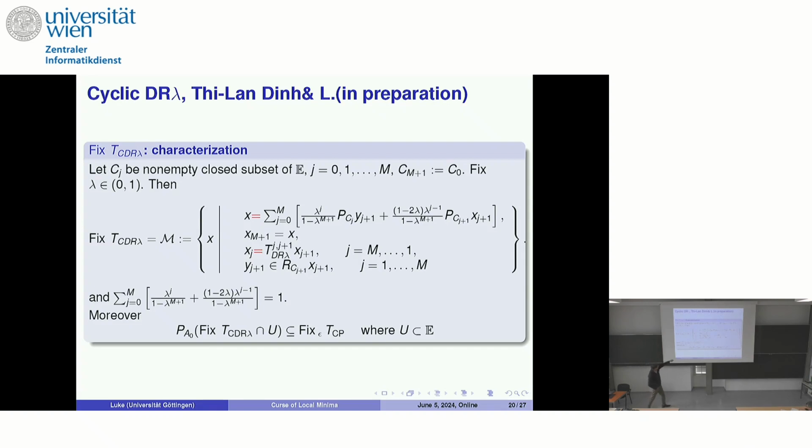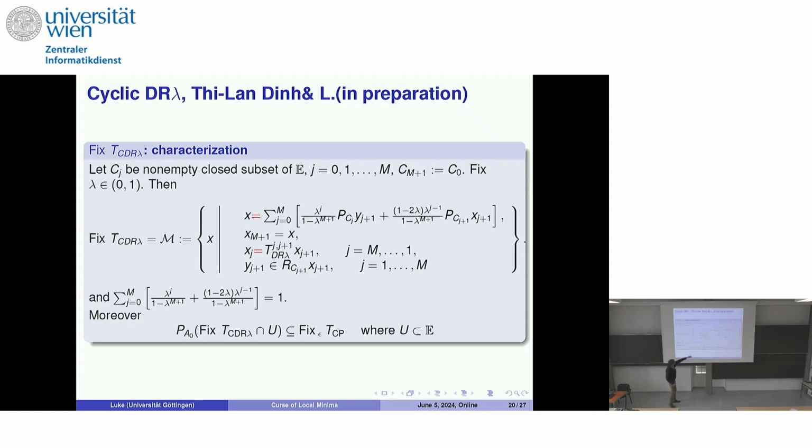The other interesting thing, and this is really cool because it confirms what physicists have been doing since the 70s. With Patrick and Heinz, we recognized that one of the physicists' favorite algorithms, hybrid input-output, was actually Douglas-Rachford. The way they do it is they do 40 iterations of HIO, which of course doesn't have fixed points because it's Douglas-Rachford for an inconsistent feasibility problem. Then they stop it and do about 1 or 10 iterations of cyclic projections.